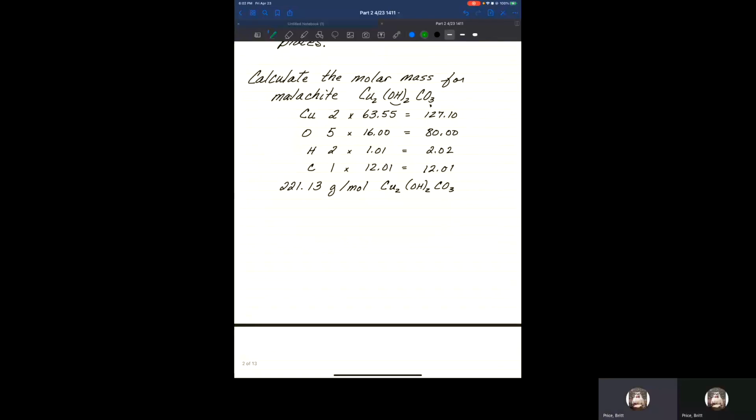One of the biggest uses for the molar mass, of course, relates mass and moles of a single species.